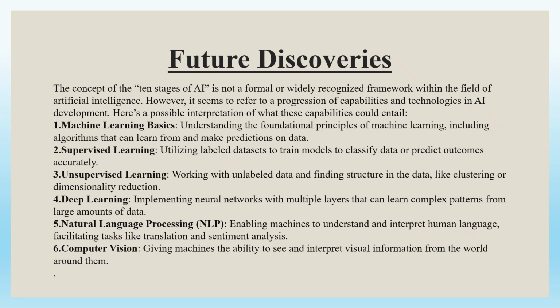And within that, we have supervised learning and unsupervised learning. These are two different types of learning, and they are part of machine learning concepts. With supervised learning, the scientists use a labeled data set to train the model so they can classify data or predict outcomes accurately.